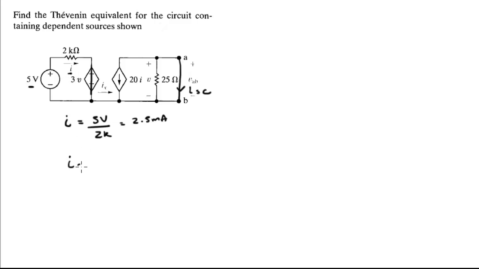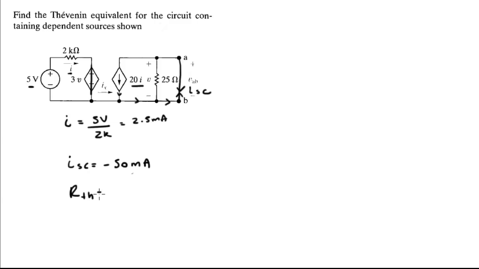Therefore, the short circuit current is going to be equal to negative 50 milliamps, because 20I is going down, it's going this way, and it's going to go opposite to the short circuit current, so it's going to be negative 50 milliamps.